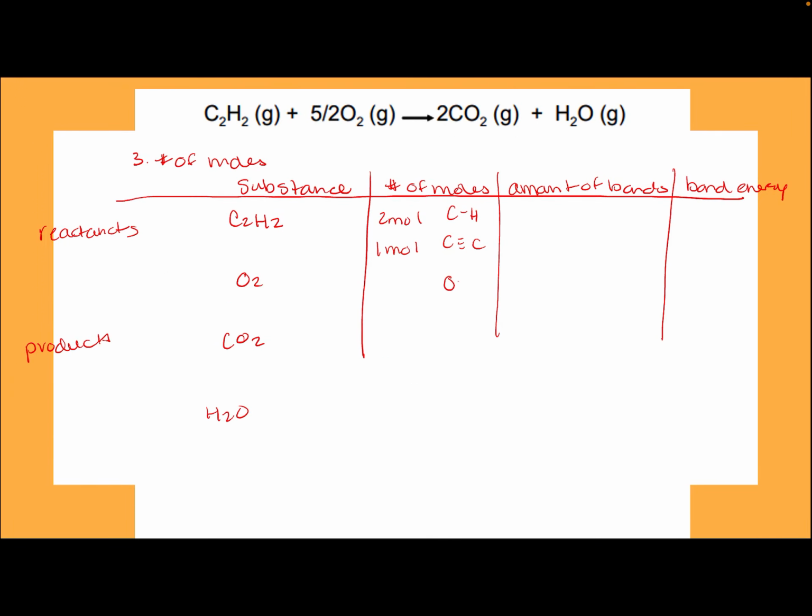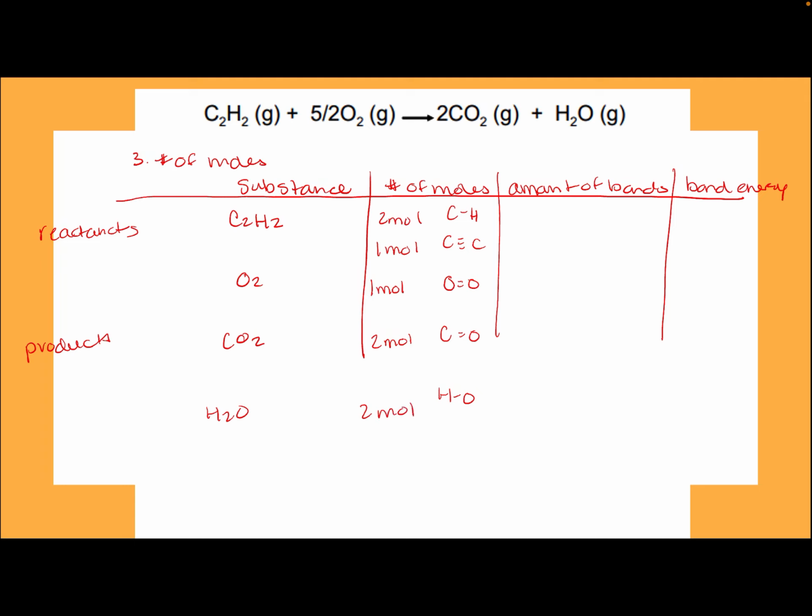Then for O2, that's a double bond, but it's 1 mole. Okay, on top of that, we have C double bond with the O, that's 2 moles because it's 2 different elements. And then H–O, that is 2 moles.